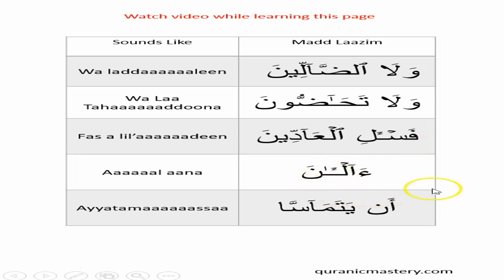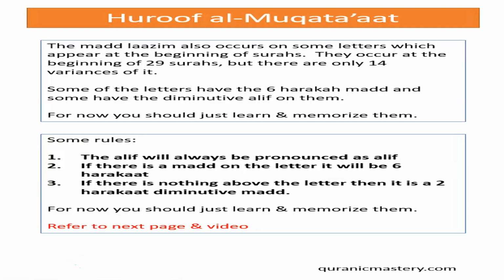This is how you pronounce this one. And the last example, أن يتماسا. Most of the time this med appears because of the shadda. So the sakin within the shadda is causing this med to be 6 harakat.